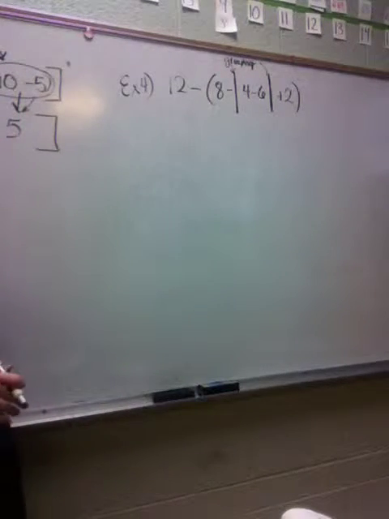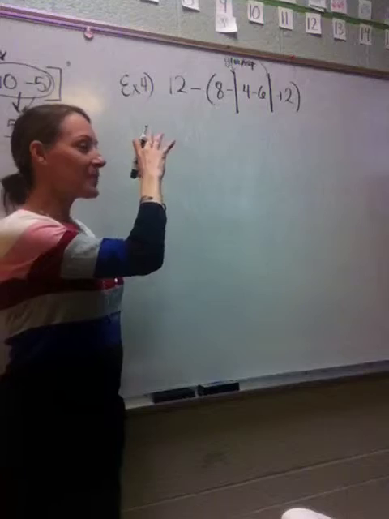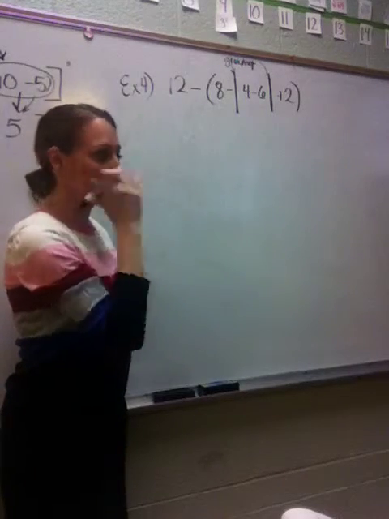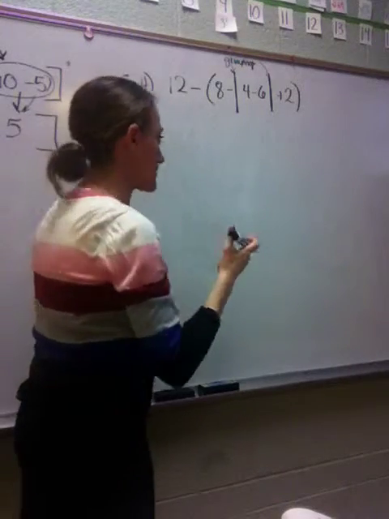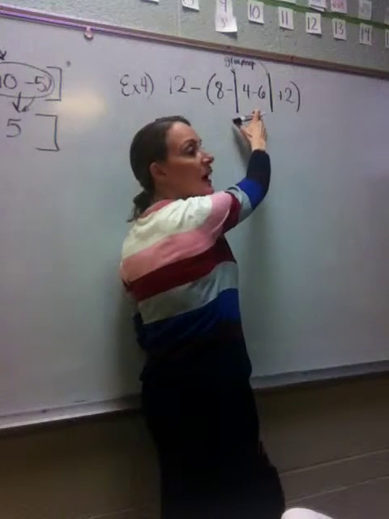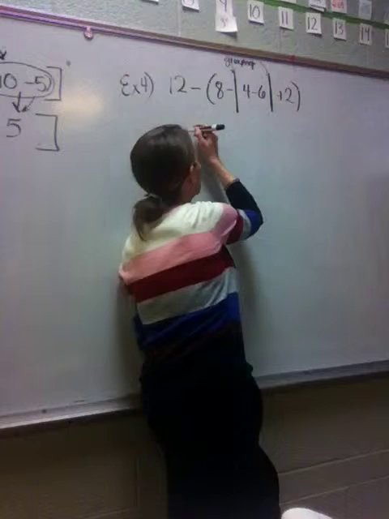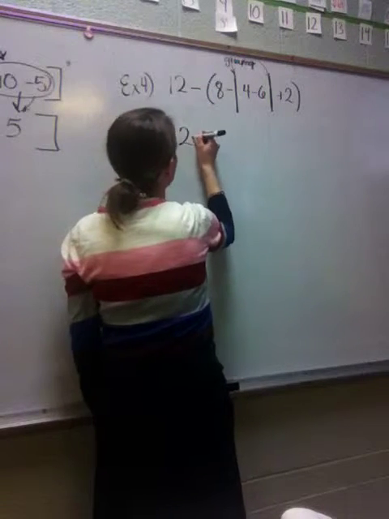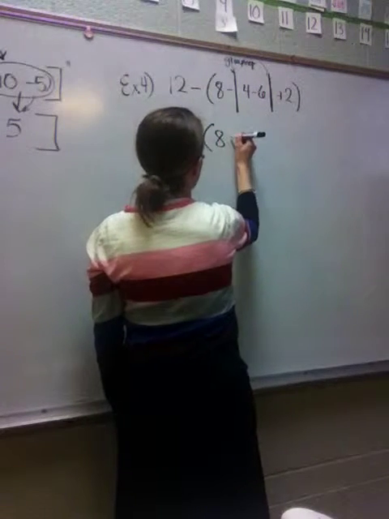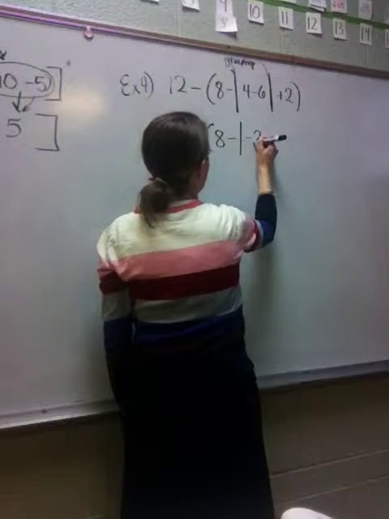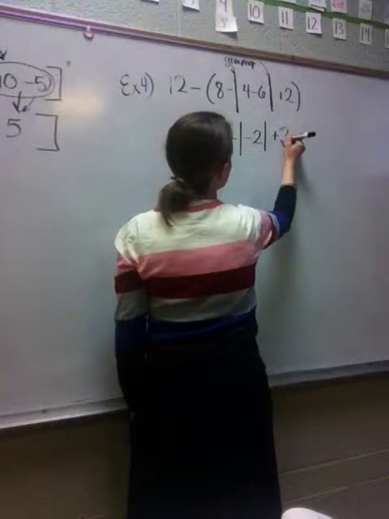All right, so this grouping symbol, it's going to group it and it's going to change to apply properties. So 4 minus 6 is what? Negative 2. So let's just go ahead and write that. 12 minus, open parentheses, 8 minus the absolute value of negative 2, plus 2.